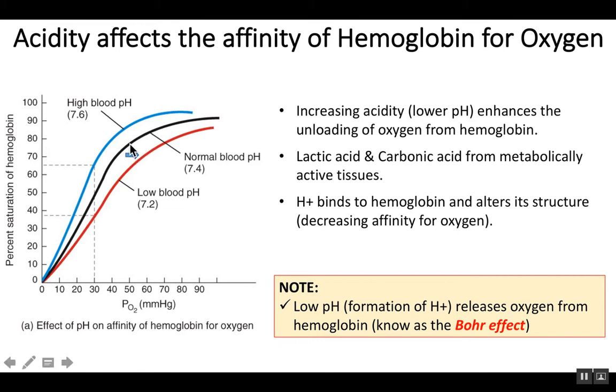If you lower the pH down to 7.2, notice the saturation drops. So that means less of the oxygen is going to want to be attached to the hemoglobin. So that's how you look at these curves. Again, we're looking more at these right shifts, because right shifts release the oxygen.